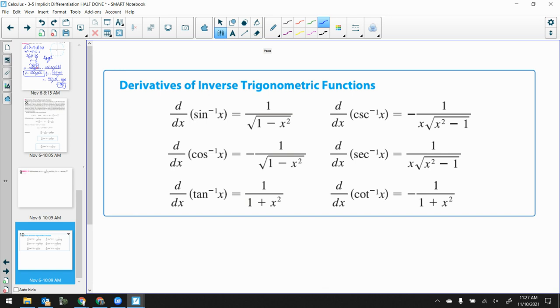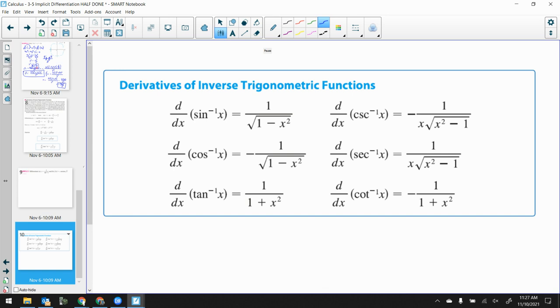When we found the derivative of cosine, what was it? Negative sine. When we find the derivative of inverse cosine, it's the negative derivative of whatever sine was. So that's one of the things that goes on in my brain. If you know sine, the negative of that thing is the derivative of inverse cosine.